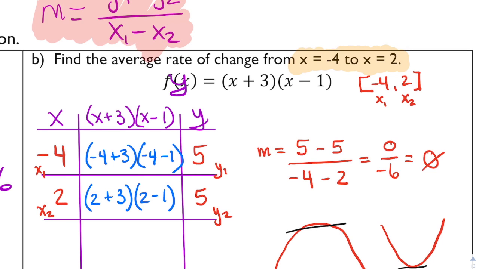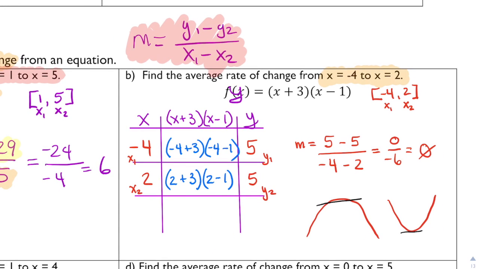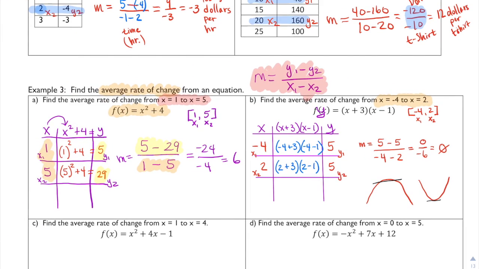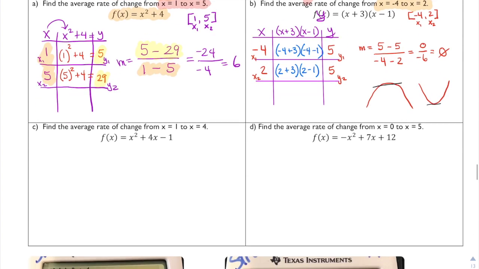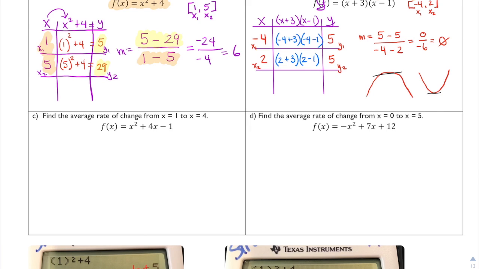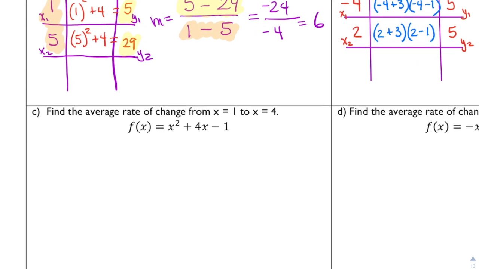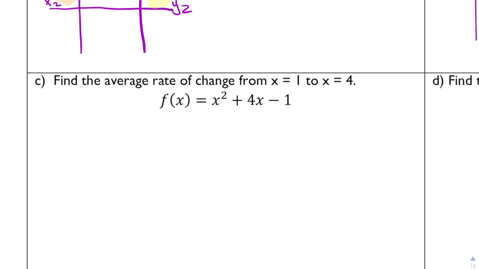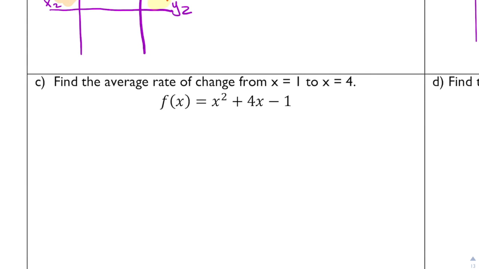All right, by now you should be getting the hang of things. It's really just plugging in numbers. You just have to be careful that you're plugging your numbers in carefully. So I'll help you set this one up and then give you some time. You can pause it and take it to the end and check your answer.